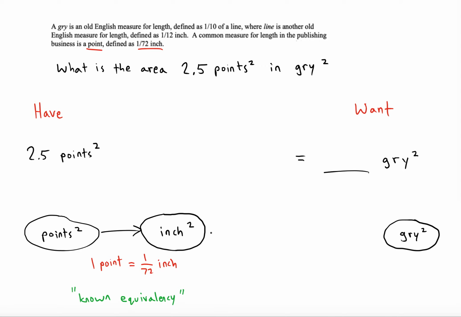All right, let's see where we could go to next though. Could we get from inches to GRY? Looks like no, unfortunately. We see here that we've got a line is 1/12 of an inch. So we can go from inch to line. All right, what's the known equivalency? 1/12 of an inch is a line.